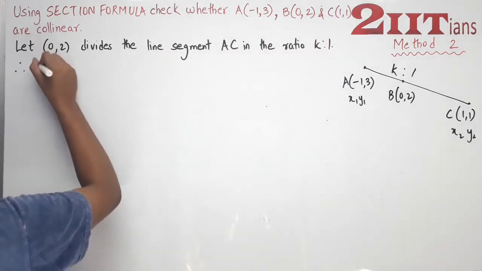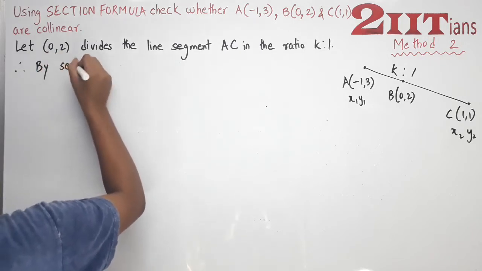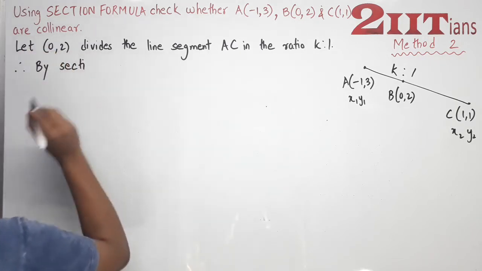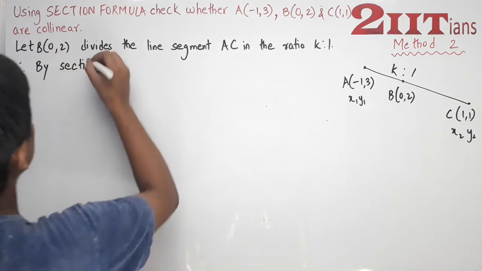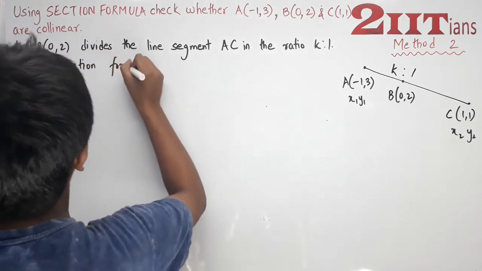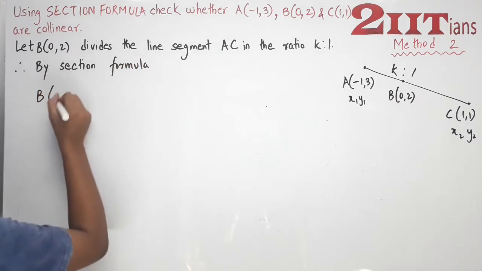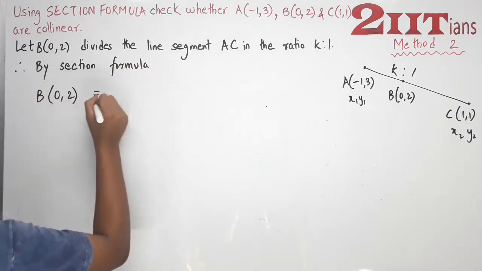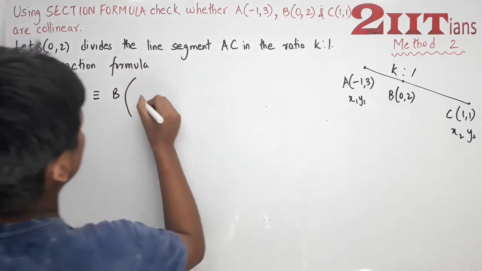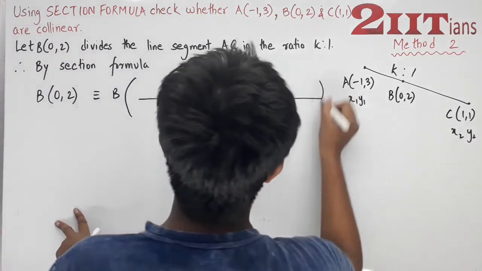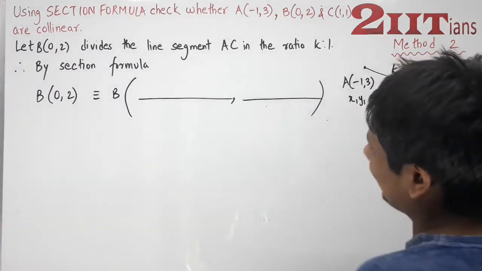Therefore, by the section formula, we will write this as point B. The coordinates of point B will be given by, do you know the formula? M1 x2, we will employ K here.